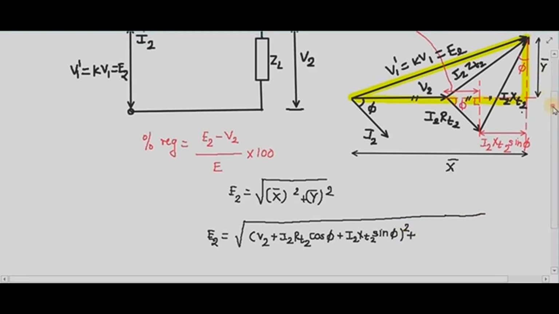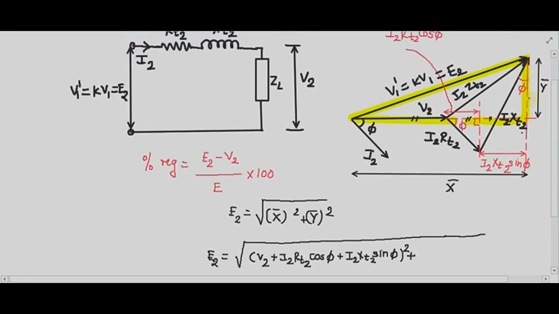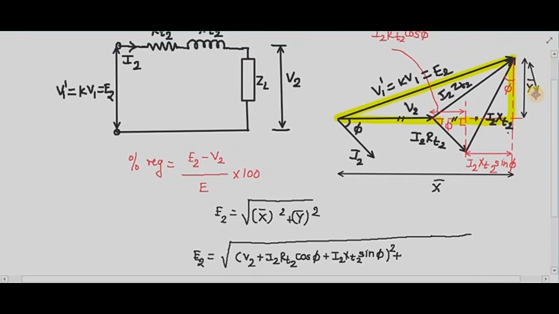What is the vertical component? What is this length? This length is nothing but this total length, just a minute, this total length minus this small length.